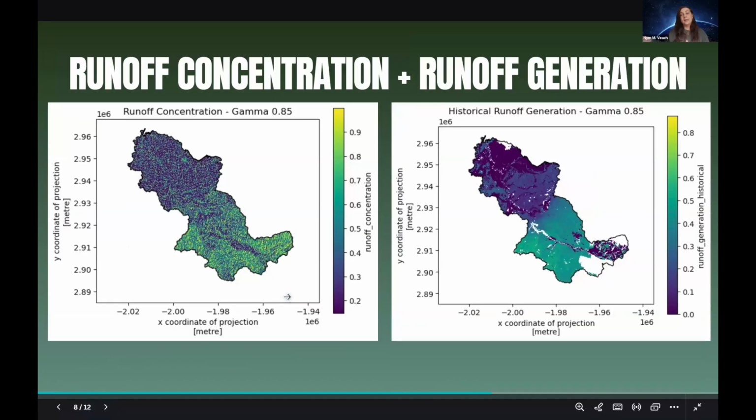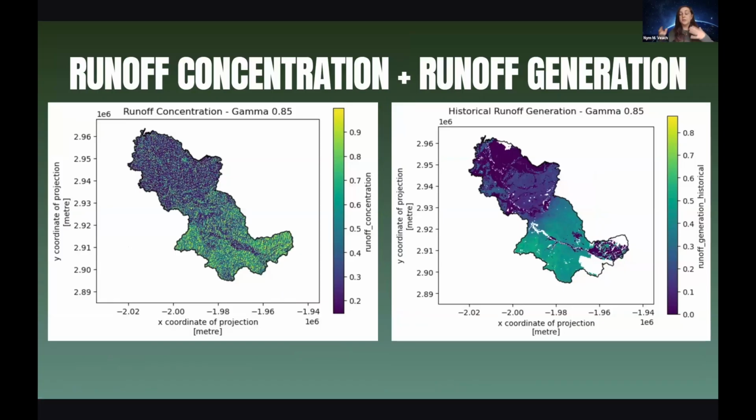Before combining it into our final susceptibility model, this was a key modeling choice that was made. Runoff concentration and runoff generation variables were looked at separately before combining them into the final model. Runoff concentration shows where the drainage networks are, and where flow accumulation and slope have impact.